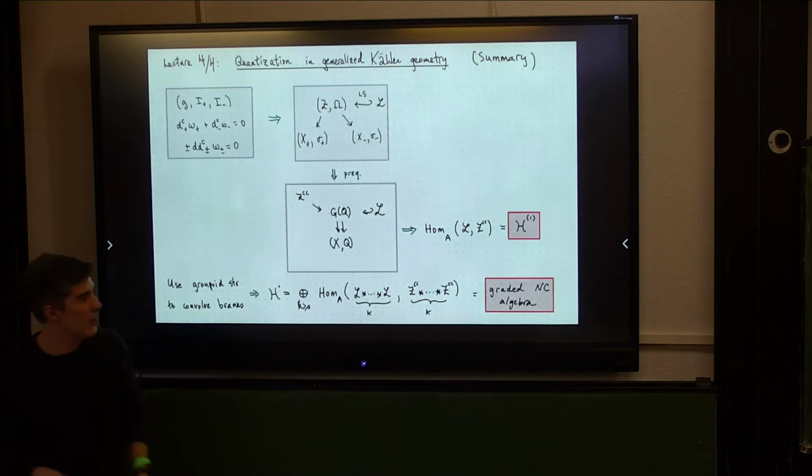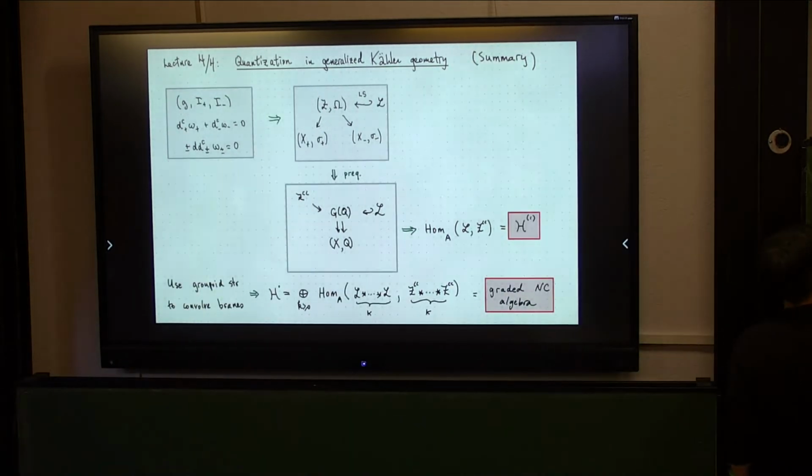This is analogous to when we take a symplectic form and pre-quantize it.